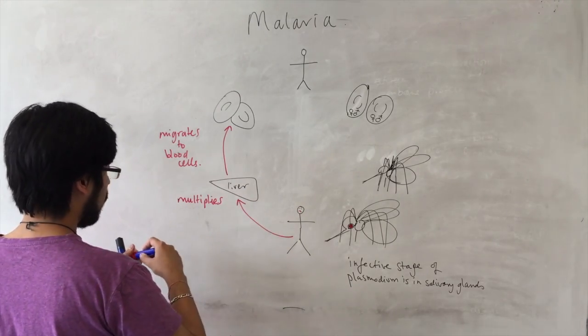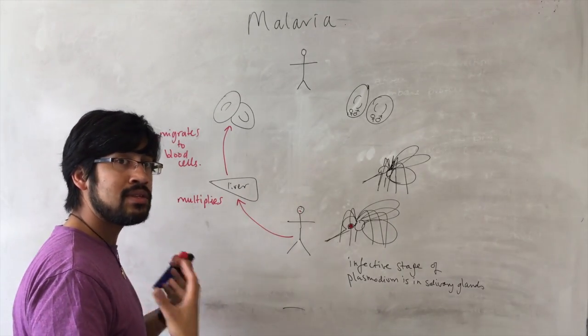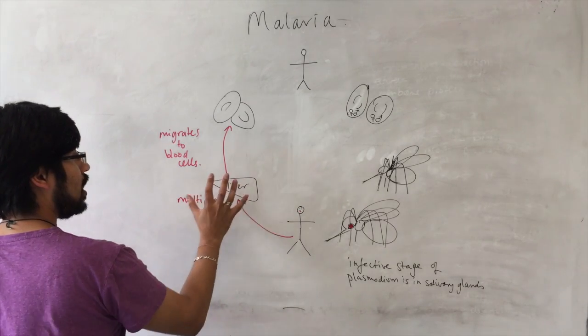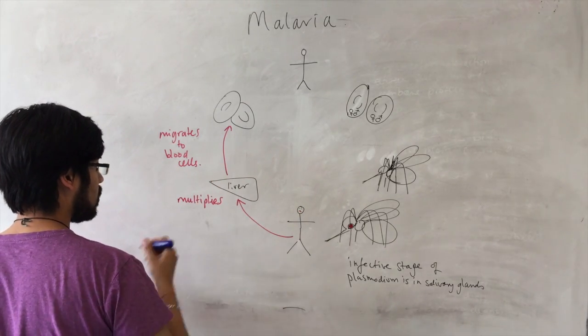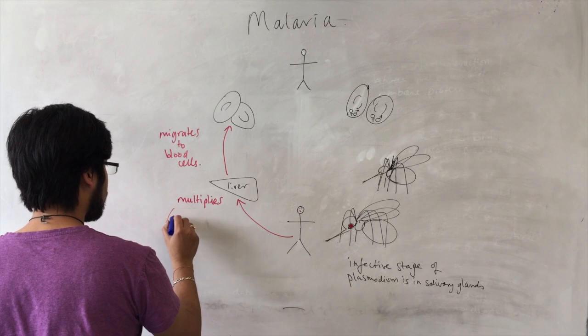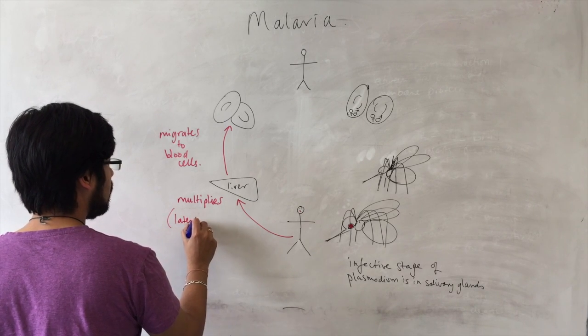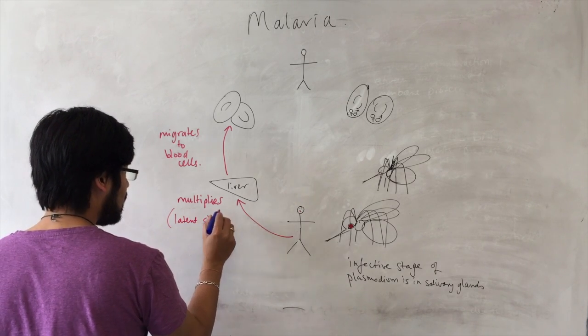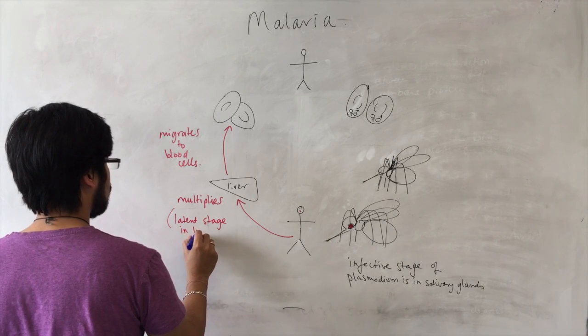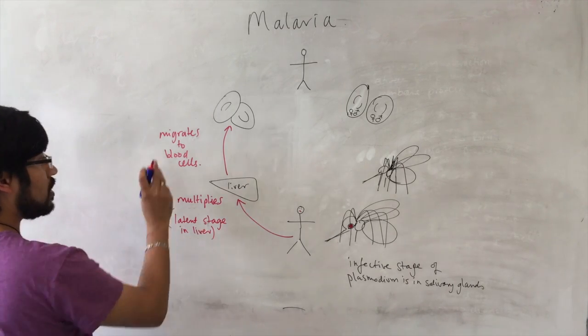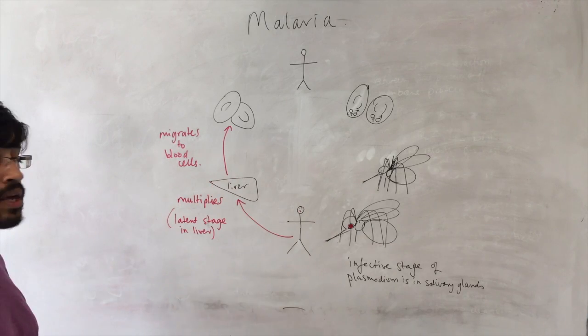And whenever someone has malaria but they're not showing any symptoms of it, that's a latent stage in the liver. Okay, so let's just make a note of that. There can be a latent stage in the liver where they've not migrated to the blood cells, they're just in there.